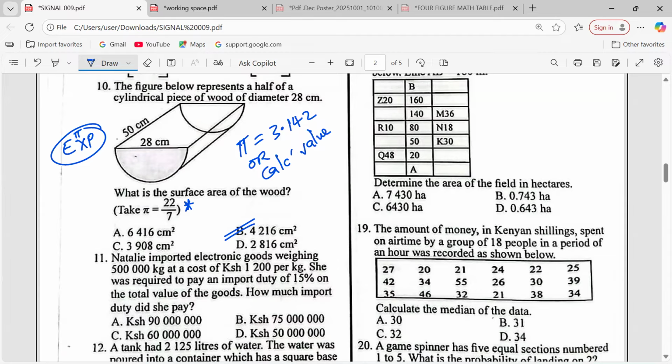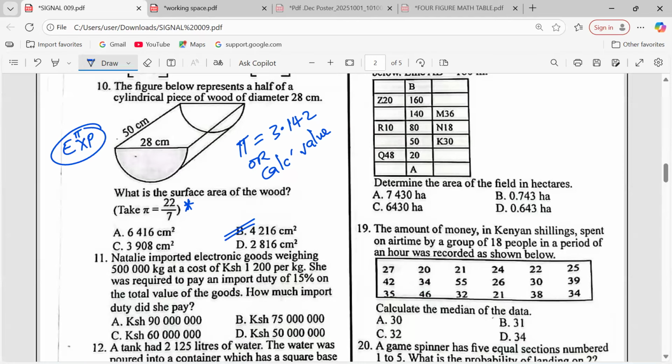So please watch out for the NEC instructions very carefully. They might actually give this pi in the examiner's instructions on the cover page. Wherever pi is required, they don't give you the pi. But now you find some people are already addicted to 22/7. That's when you'll mess up. So please follow instructions to the letter.